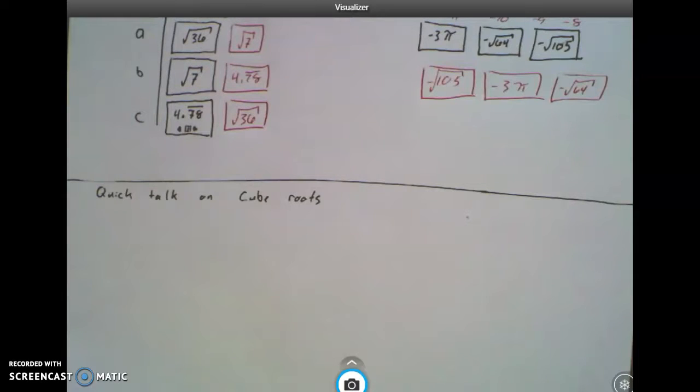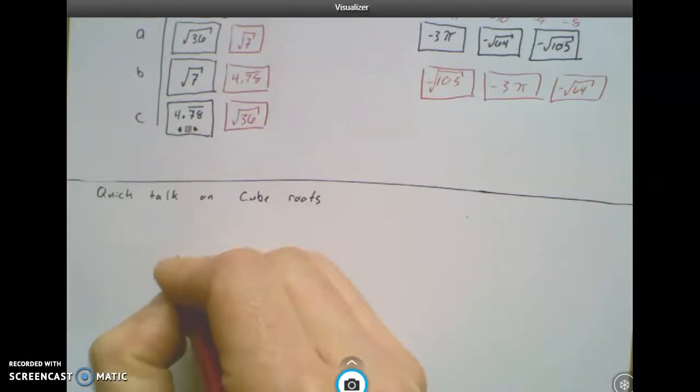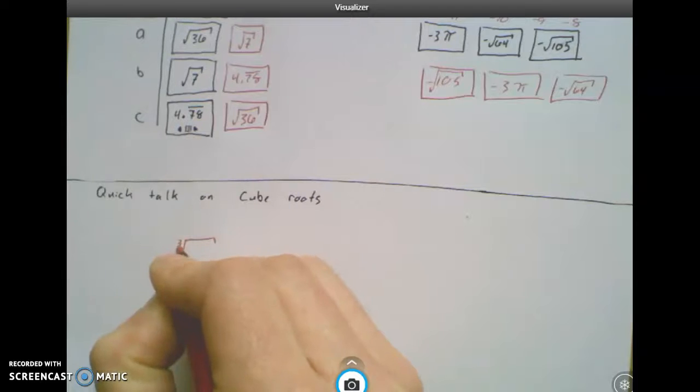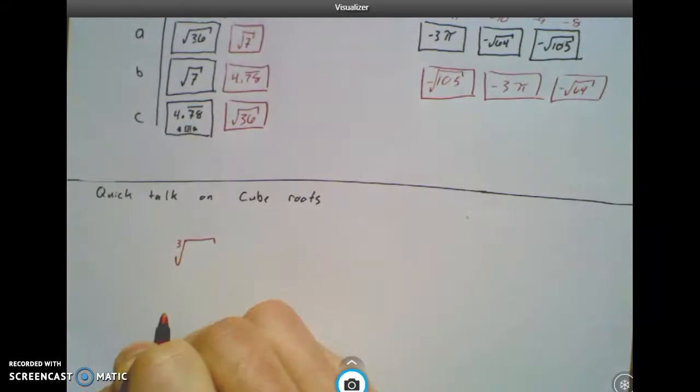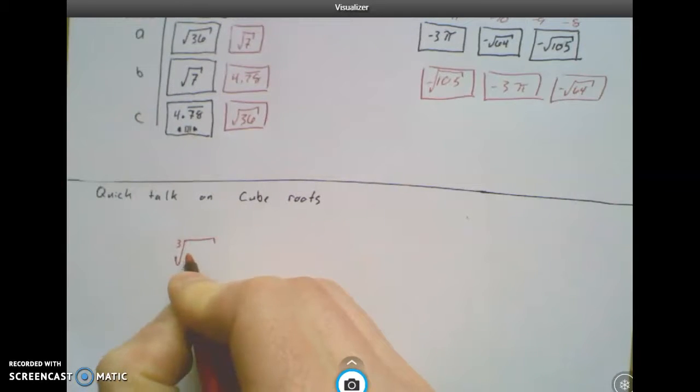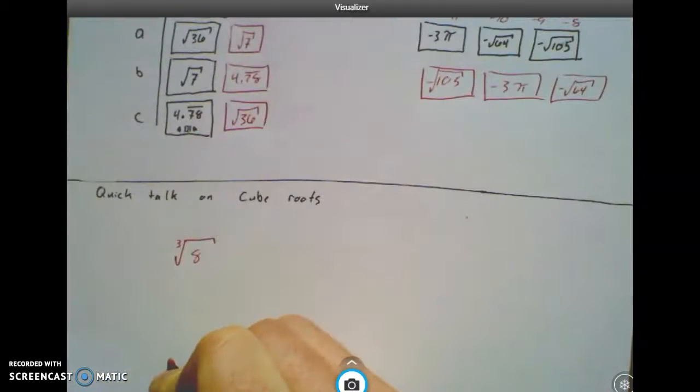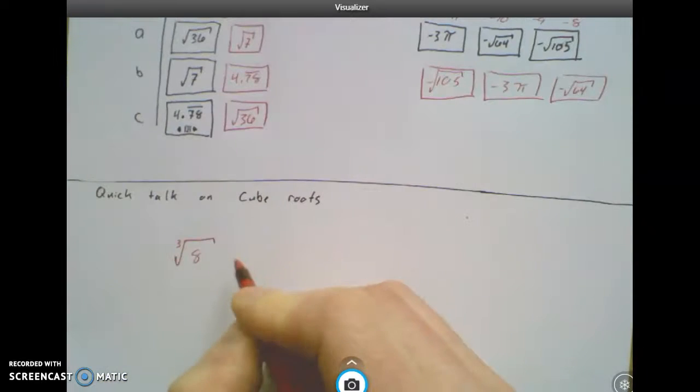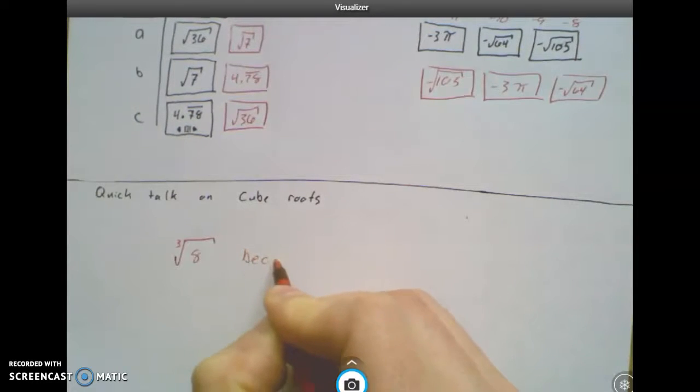Okay. If you want to watch, we're going to do a real quick, just 3-minute rundown on cubed roots. Here's how cubed roots work. One, we know it's a cubed root and not a square root because it has a little 3 in here. If I put something in here like 8, we're asking ourselves the same thing we did with the square roots.